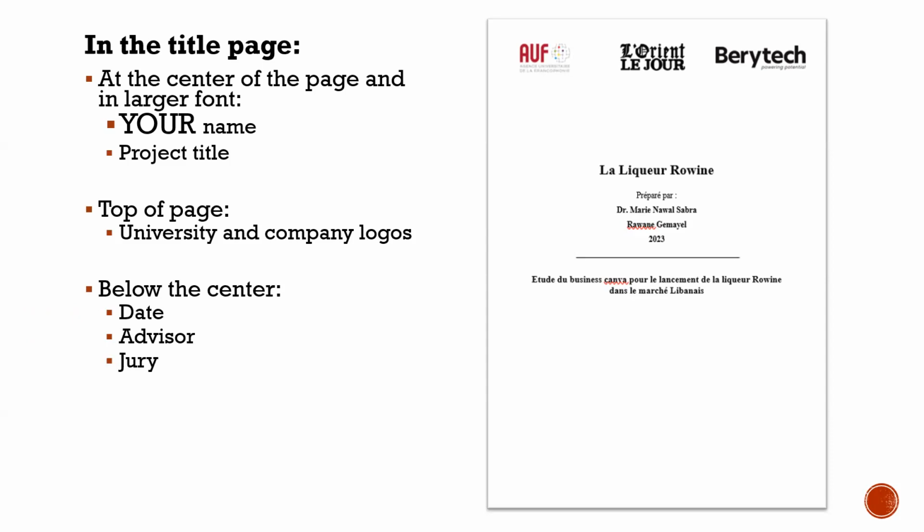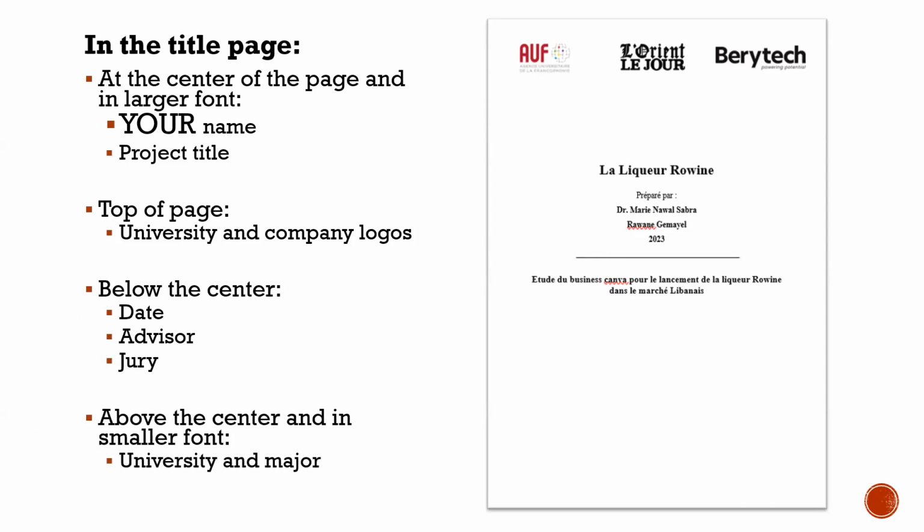This could be the date of the presentation, your advisor's name, the jury, or other information that is asked for you from your administration or you think is important for the first page. You should also include the university name on top of the page and your major.